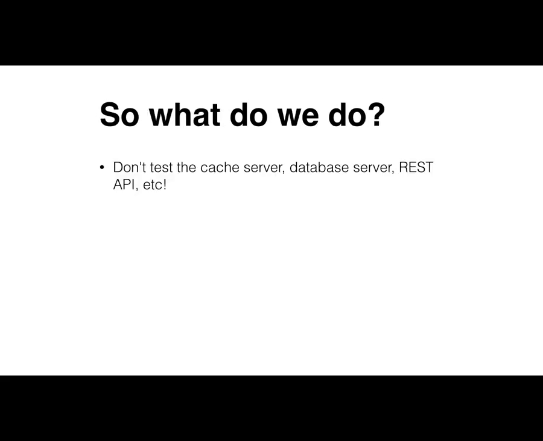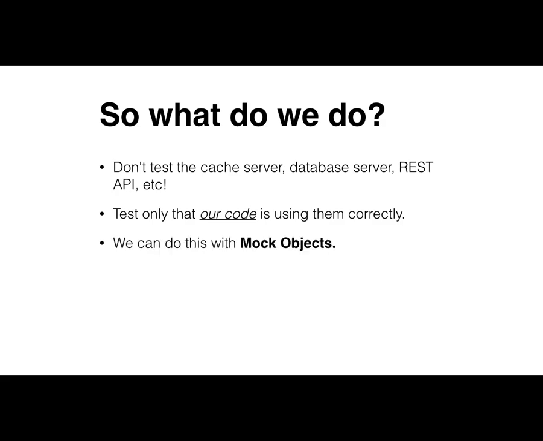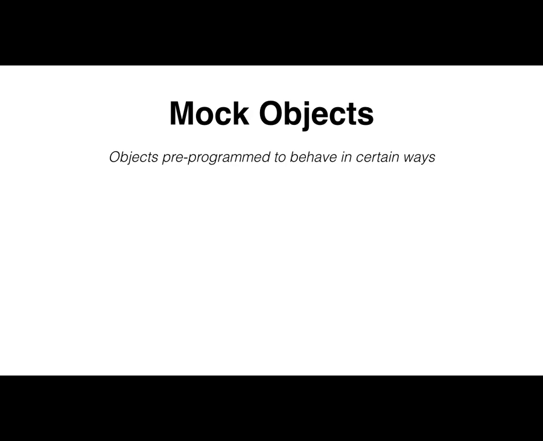So what we do to avoid this is we don't explicitly test the cache server or the database server or whatever API we're using. We just want to test that our code is doing what it's supposed to be doing with those dependencies. And we do that with mock objects. A mock object is just an object that behaves a certain way that you define. You create the object, you say what type it's going to be, like a database type or an HTTP client.